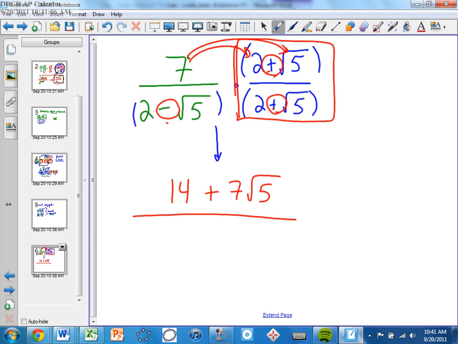Now, in the denominator, since we just learned a minute ago that the middle term is going to cancel, do I have to do all of FOIL here, really? I don't have to, believe it or not. So if I start with first, what's 2 times 2 going to give me? 4. But then if I do outer and then I do inner, what's going to happen to both of those? There's going to be a negative 2 radical 5 and a positive 2 radical 5.